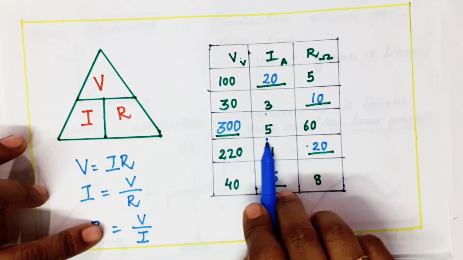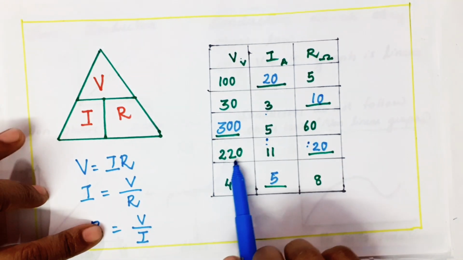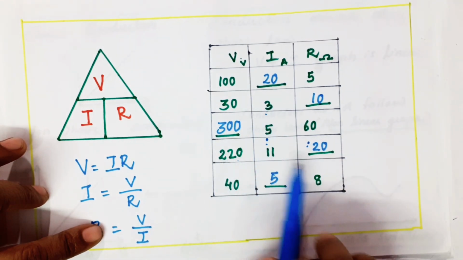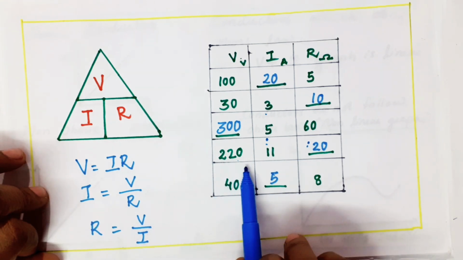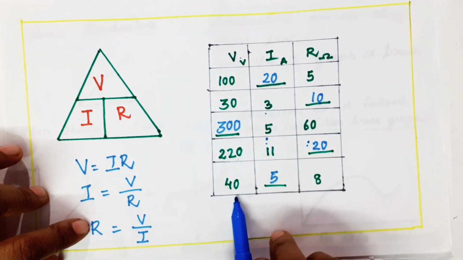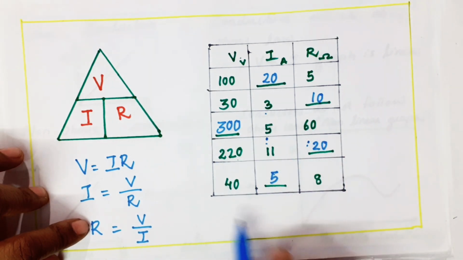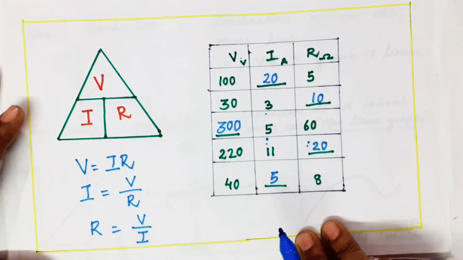It is IR, 5 into 60, 300. Next, voltage is 220, current is 11. What is resistance? R is equal to V by I, 220 by 11, 20. Next, we need I. V as 40, R as 8. So it is 40 by 8. What is that? 5. I hope you understood what is Ohm's law.